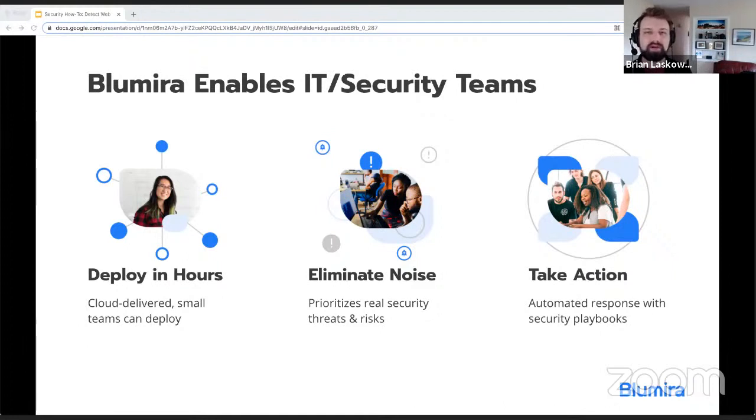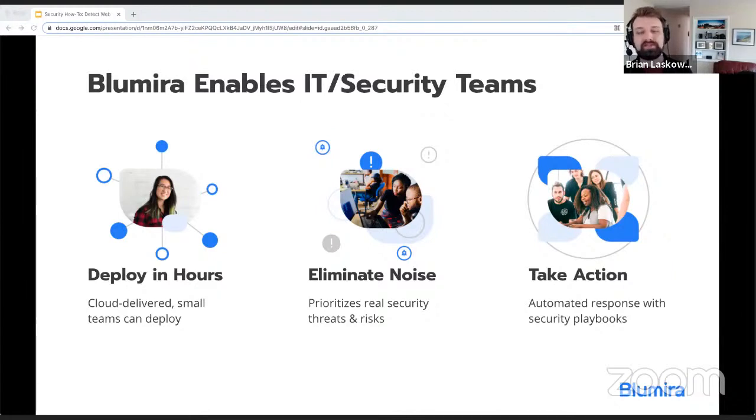In terms of what Blumira specifically can help with, it's not needing to have an entire team manage a SIEM for you. In my last employment at the state, we had an 8-person team to keep our SIEM from falling over. It was one of the old legacy SIEMs that required large deployments and a lot of team to maintain and support, as opposed to Blumira with its cloud-first strategy.